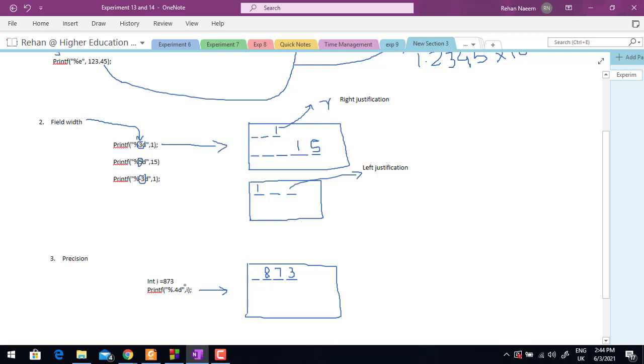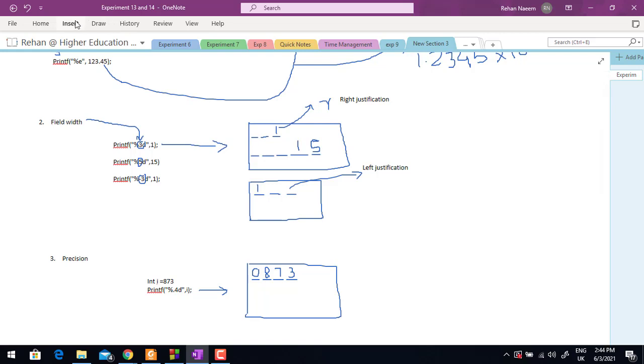Clear? And because of this point, 0 will also be printed over here. 0, 8, 7, 3. Clear? If you are using a precision number to display an integer, the integer will be displayed with some zeros before it.